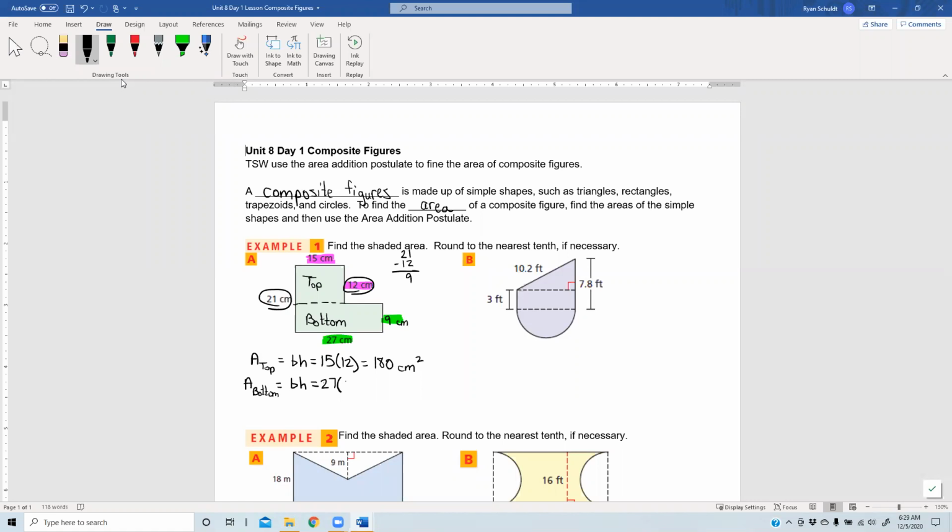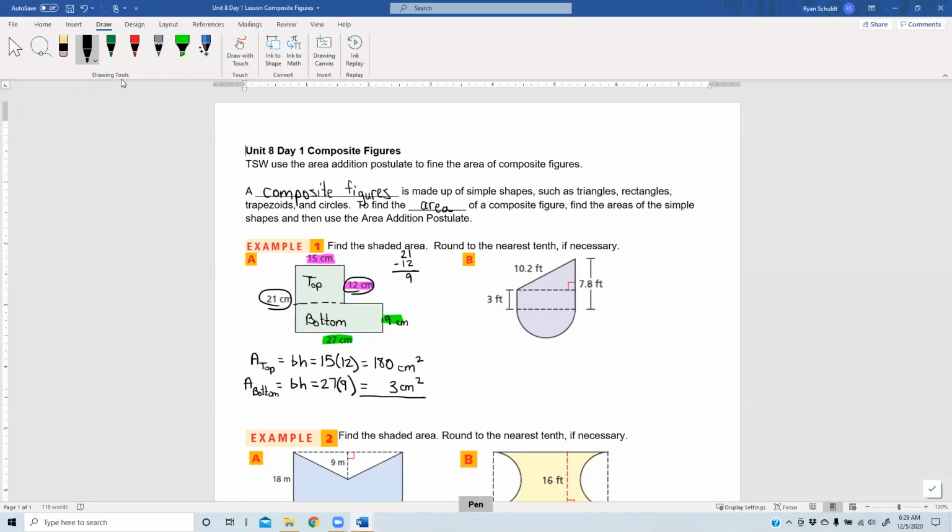So now that tells me I need to do 27 times 9, which is 423 centimeters squared. Now that just gives me top and bottom. It says to find the shaded area. The shaded area is the whole thing, so I have to add them up. Oh, I messed up here.